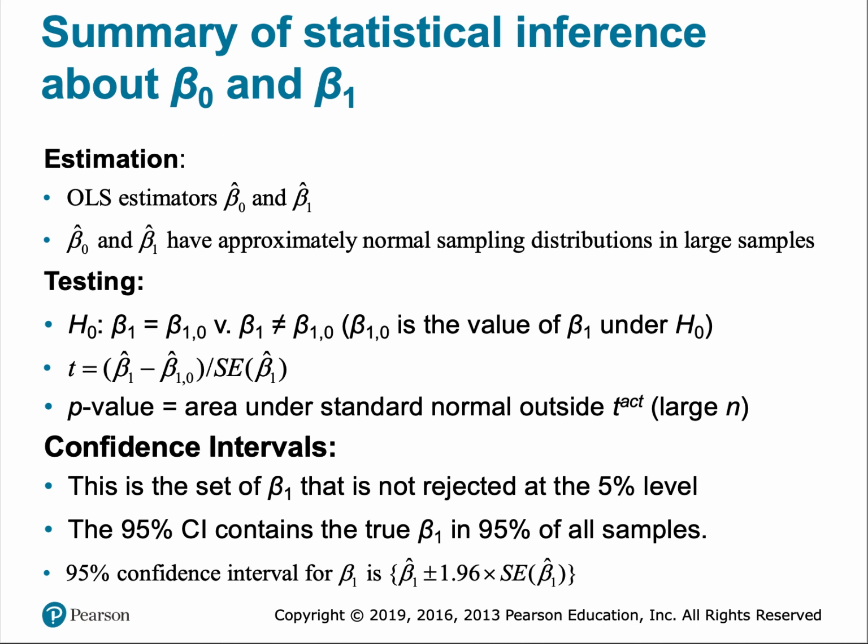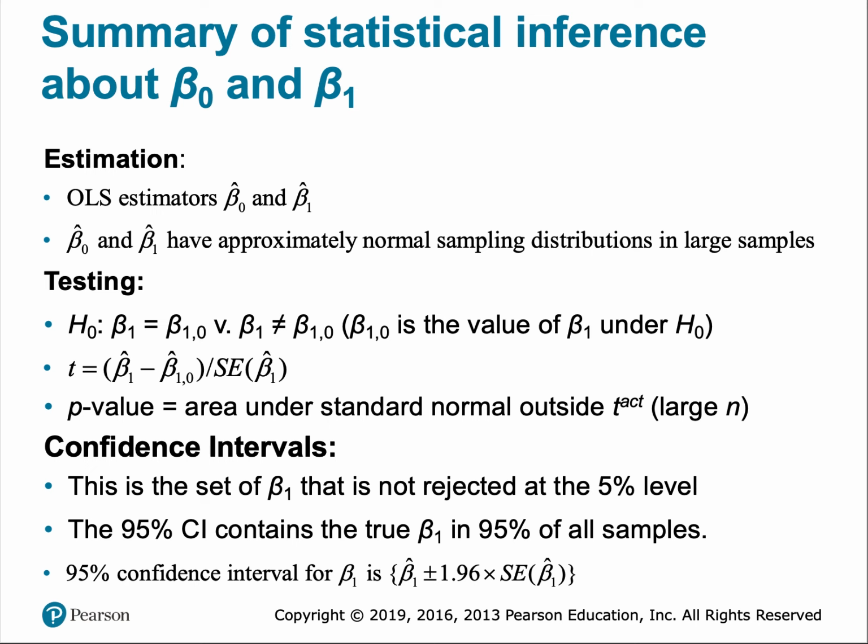Let's summarize the statistical inference methods about beta naught and beta 1. We are using OLS estimators, beta naught and beta 1. They have approximately normal sampling distributions in large samples, so we are going to use the standard normal distribution as the benchmark.